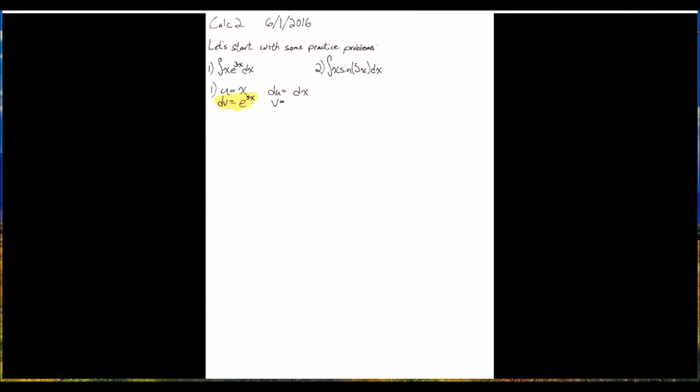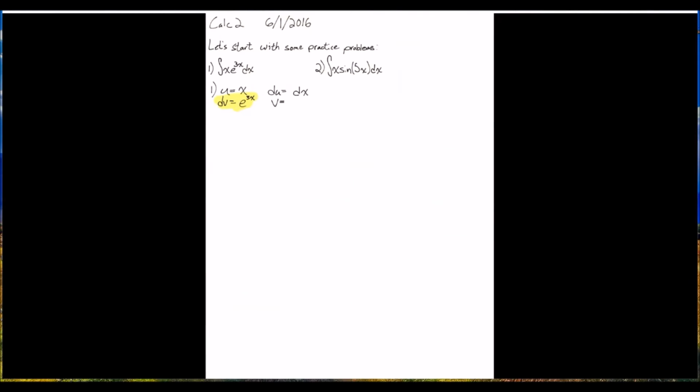If you guys can go ahead and type what you think the integral of this guy is, what v is equal to, in the chat. All right, so I'm getting some answers.